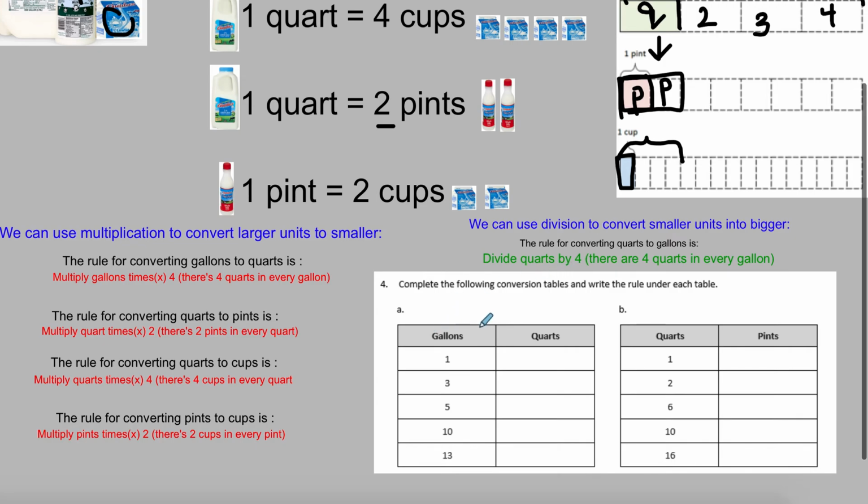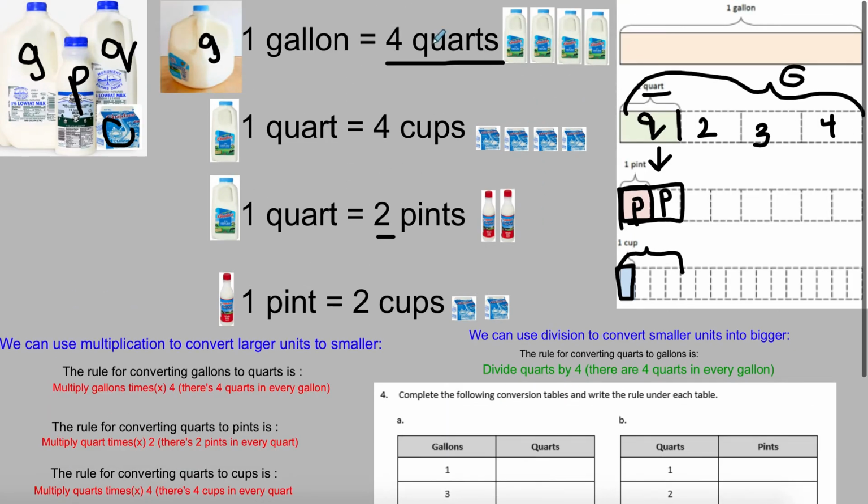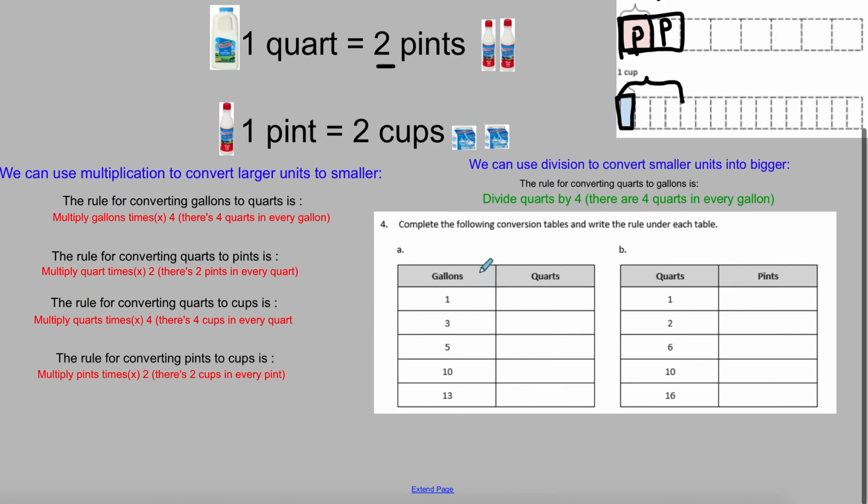If I have gallons going into quarts, I'm going to go up here and say, oh, well, 1 gallon equals 4 quarts. So my conversion is multiplying times 4, right? Because in each gallon, there's 4 quarts. So 1 times 4 is 4. 3 times 4 is 12. 5 times 4 is 20.